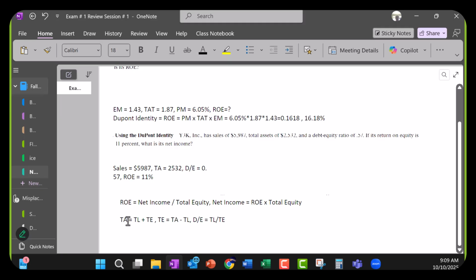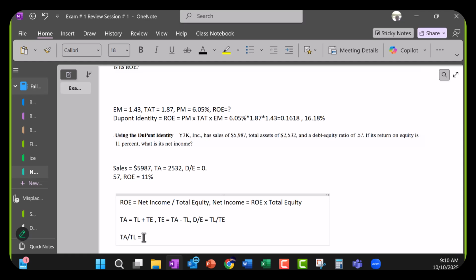If I divide everything by total equity, total assets over total equity is equal to total liability divided by total equity plus 1.